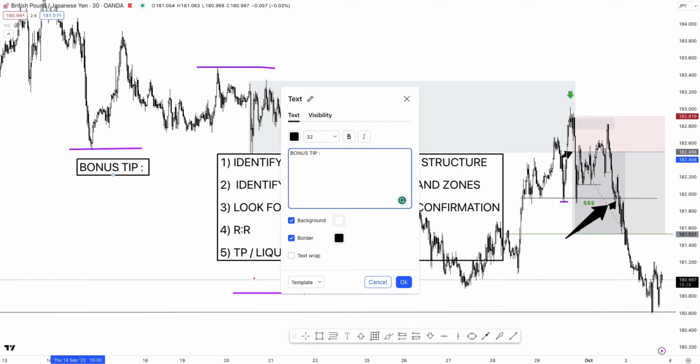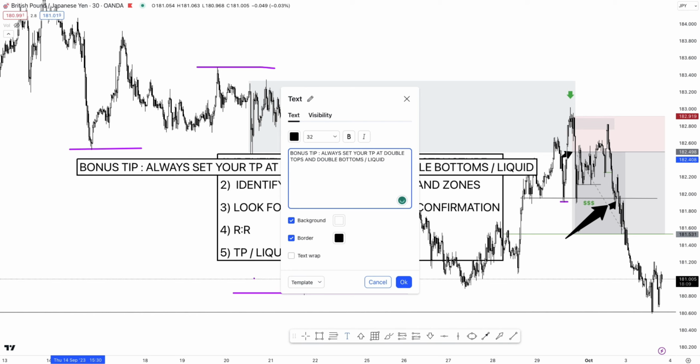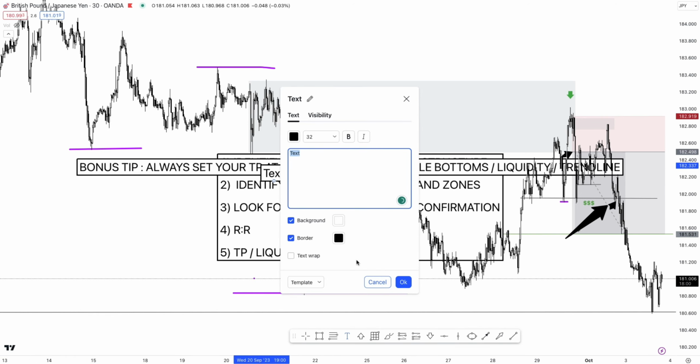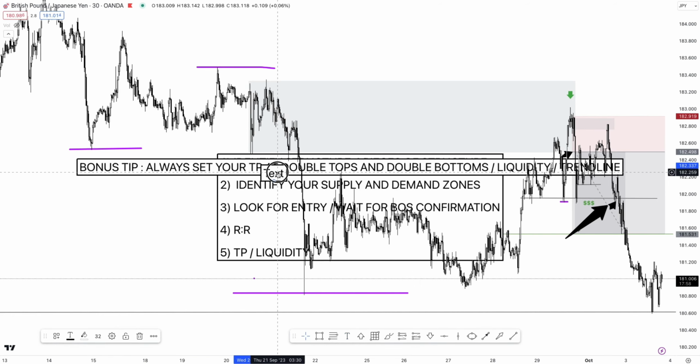Bonus tip is always set your TP at double tops and double bottoms, liquidity, trend line. Okay, so that is the bonus tip for today.